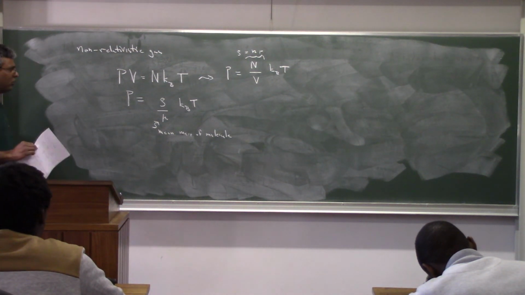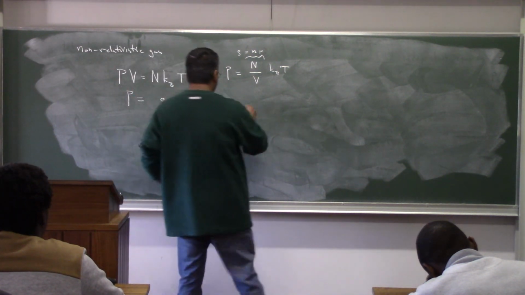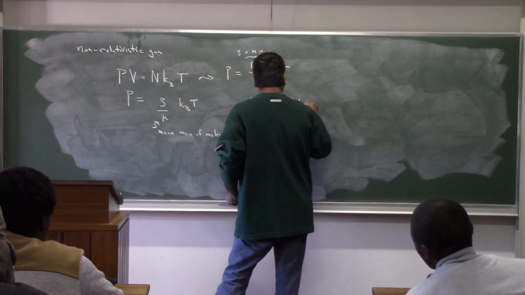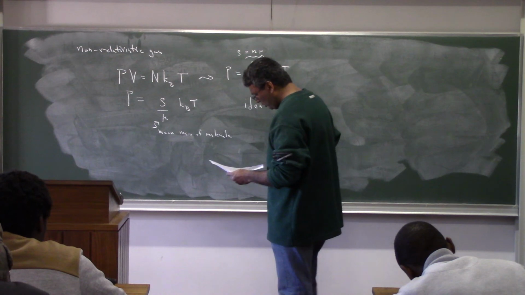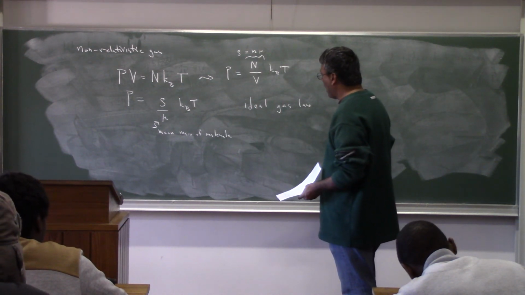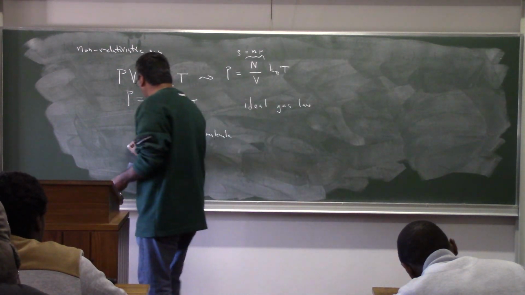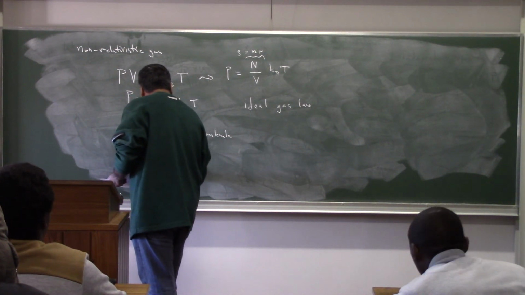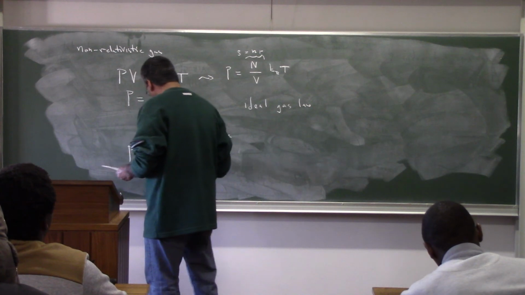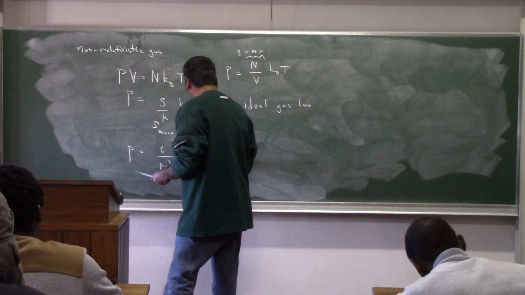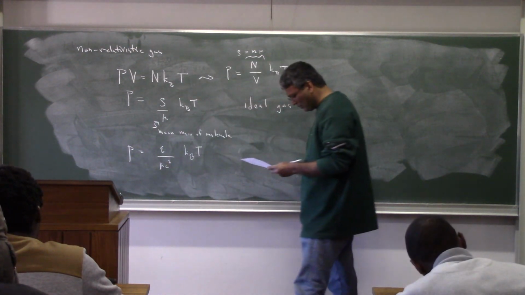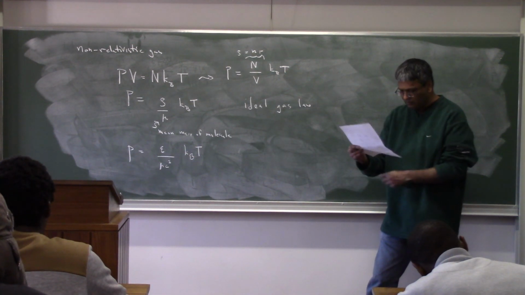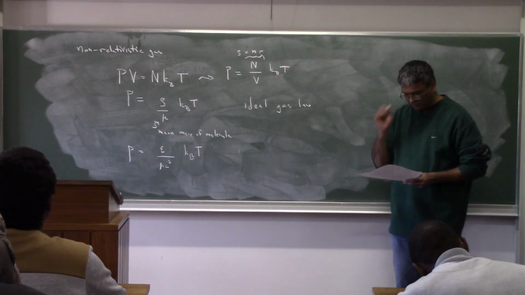This is another form of the ideal gas law. Now I can write the pressure as energy density over mu c squared times k_B T. So how do I figure out the energy density?